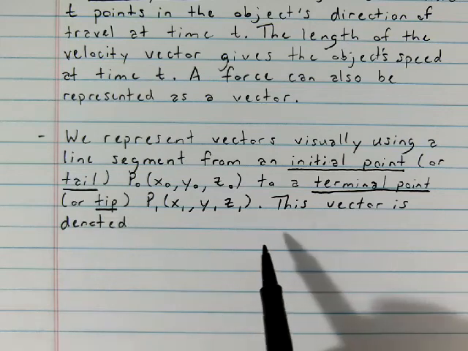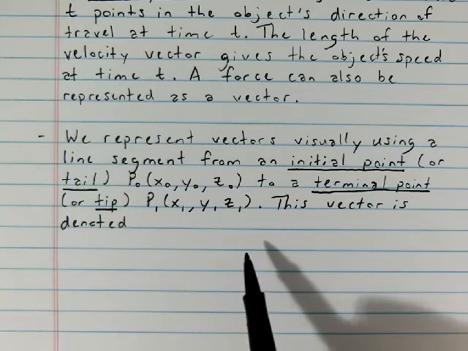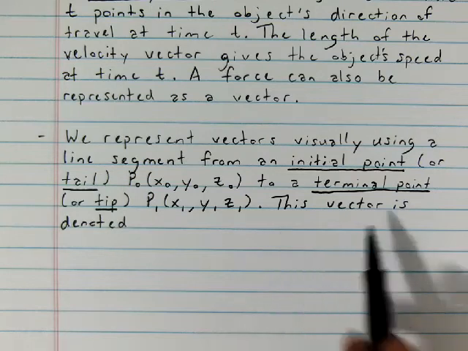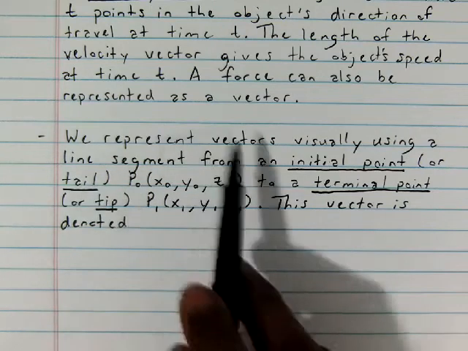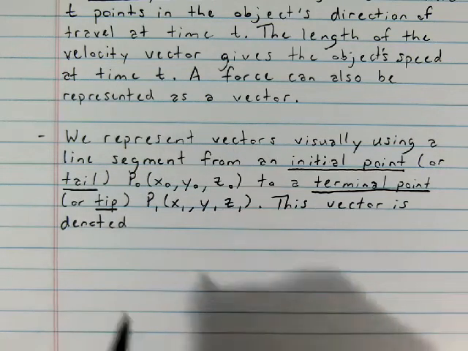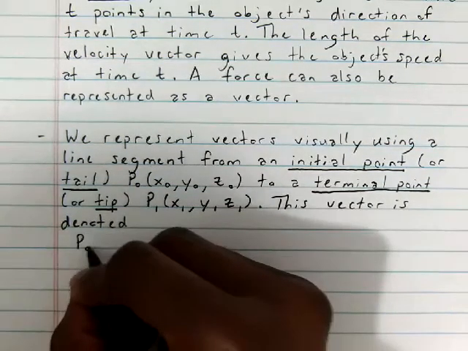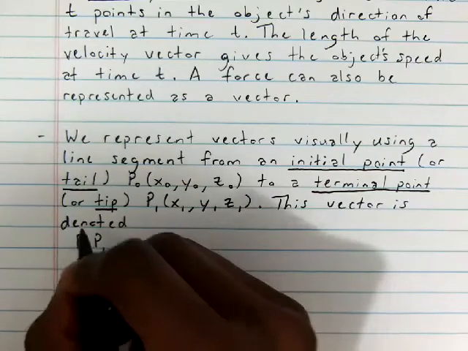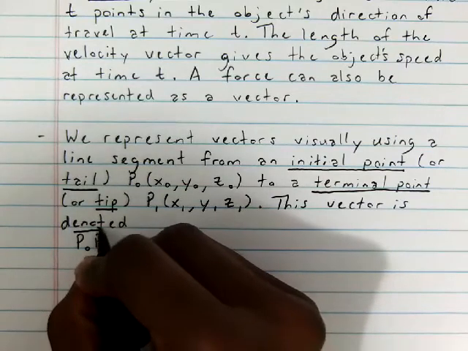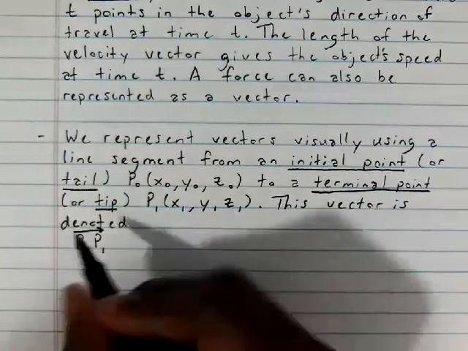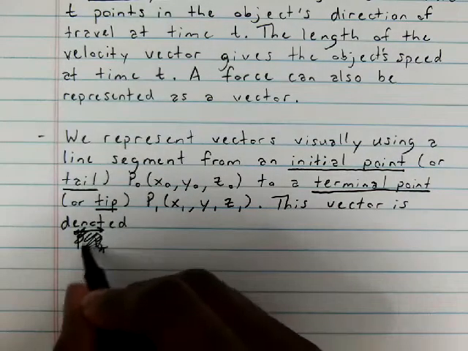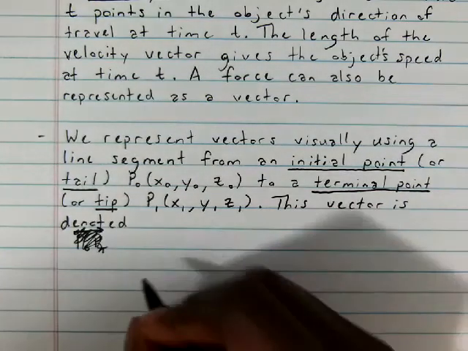Now, if we want to actually just label the vector, or we want to talk about a vector, this vector will be denoted. We don't want to write all of this. So instead, our shorthand for it: this vector is denoted the vector from P0 to P1. And I put over it a little vector hat, so there's a little arrow. Let me write it down lower so you can actually see it a little bit better.